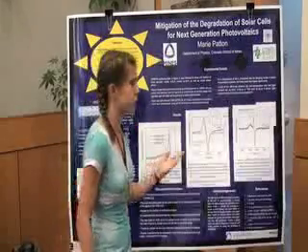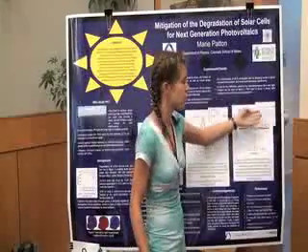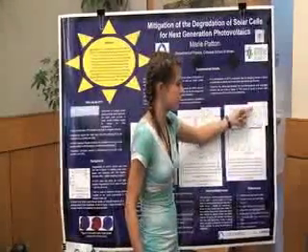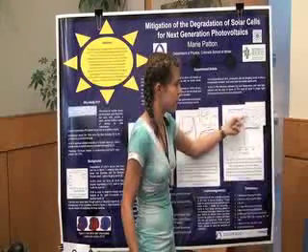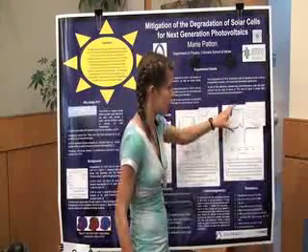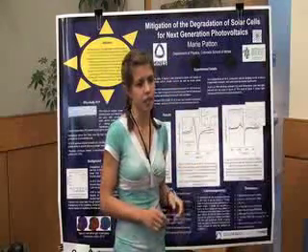What I was trying to do was reproduce this experiment, which is also light-induced, and it shows nanocrystalline, which is the top two, and amorphous silicon, which is the bottom two. What I am trying to do is mitigate the effects of the light on the silicon.